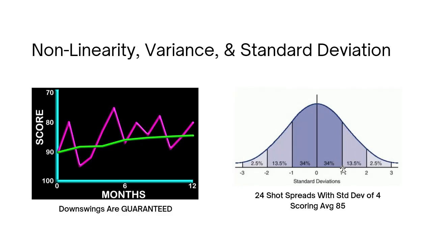If we zoom out to the next shaded area, the more gray shade with 13.5%, we're going to capture 95% of our scores within two standard deviations, or 8 strokes on either side. So 85 minus 8 is 78, or 85 plus 8 is 93.